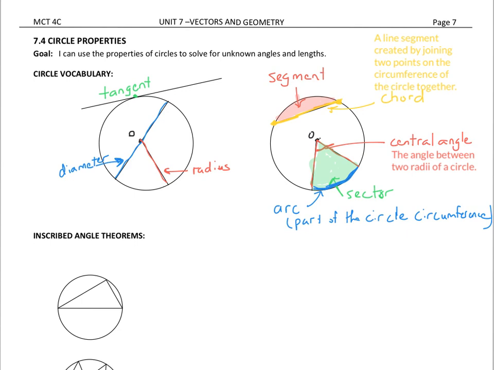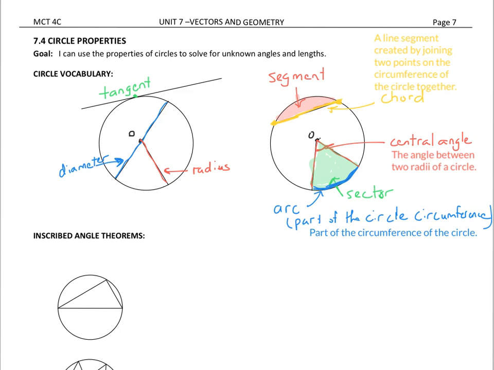Okay, so lots of terminology here so far. I've also typed out what I wrote there, part of the circumference of the circle, so it's a little easier to read. All right, so those are definitions you need to be comfortable with or understand what we're talking about when I use these words.